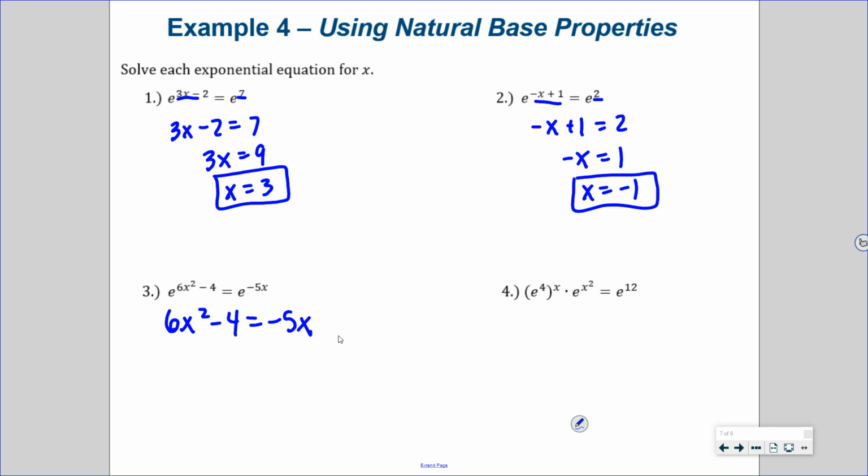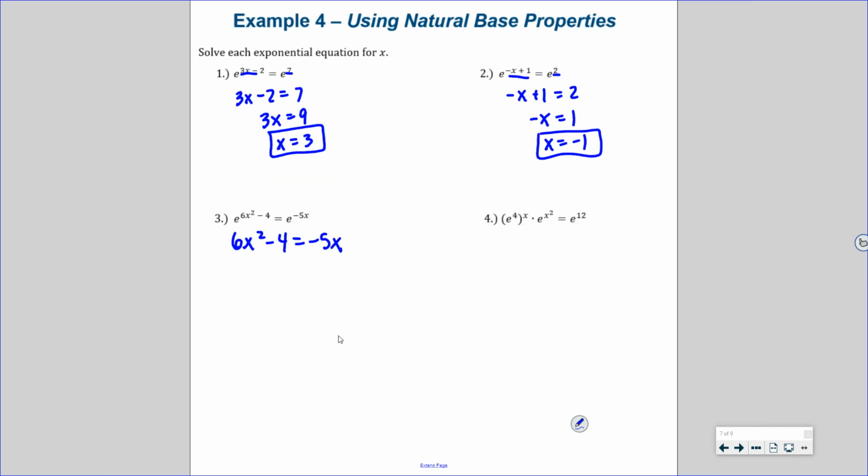All right, so set it equal to 0. I'll quickly do my AC method while you guys factor this. Factors of -24 that add up to 5 would be 8 and -3.